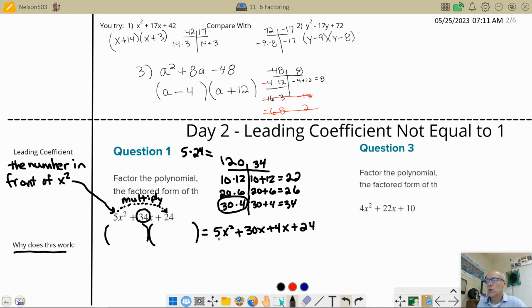This is the way it looked after it got completely distributed, like boop, boop, boop, all the multiplication happened, okay? So in other words, it's telling us what everything was after it got all multiplied together, all right?